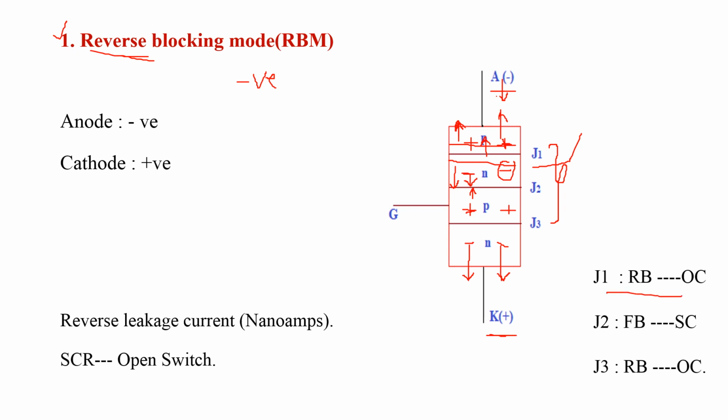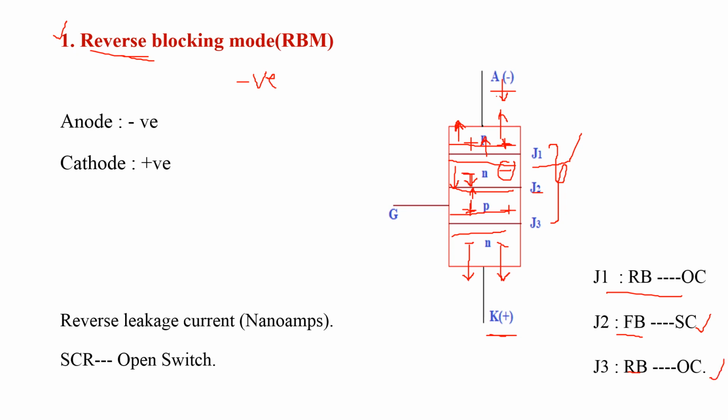Similarly, here electrons in the N layer and holes in the P layer get attracted, so the width of junction J2 decreases, which comes into forward bias and acts as a short circuit. Similarly, the width of junction J3 increases, which is in reverse bias and acts as an open circuit.